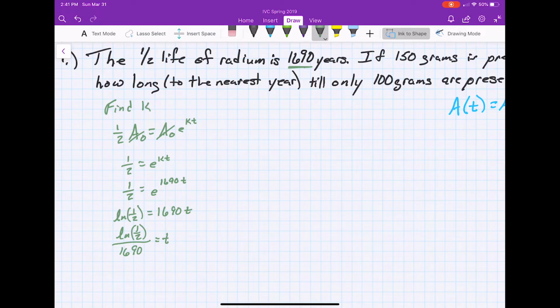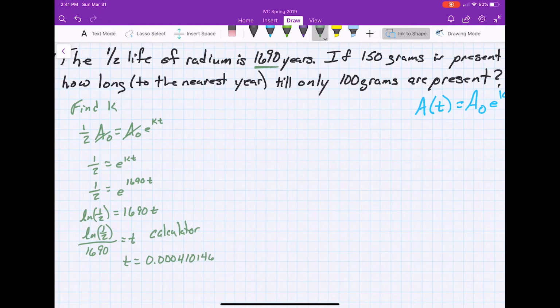So write down calculator for calculator work. You plug in ln of 1/2 over 1690, and you get 0.000410146. And this is a decay, so this will be negative when we plug it into our formula.